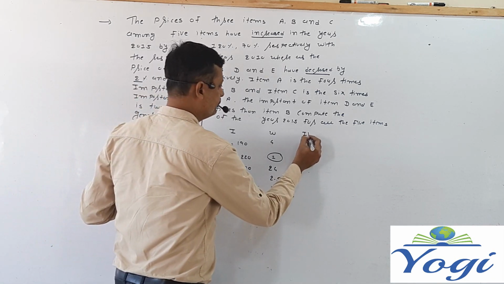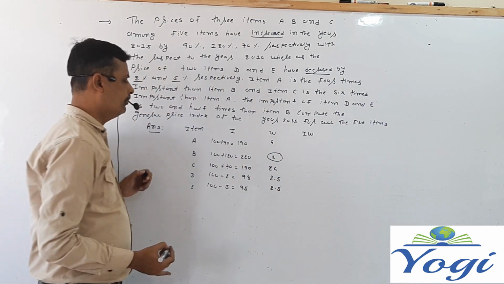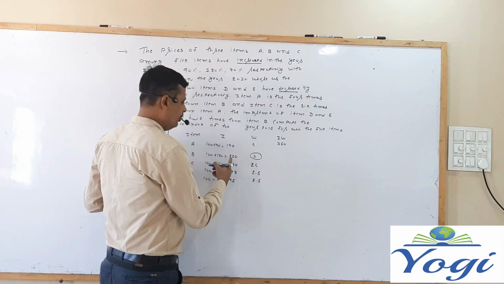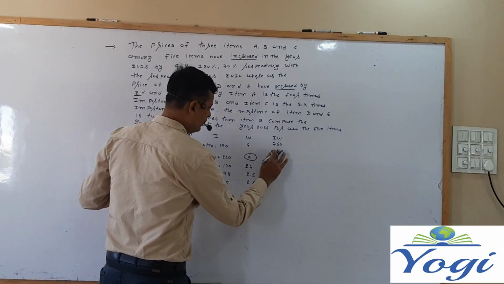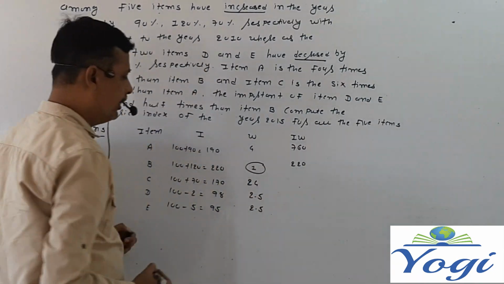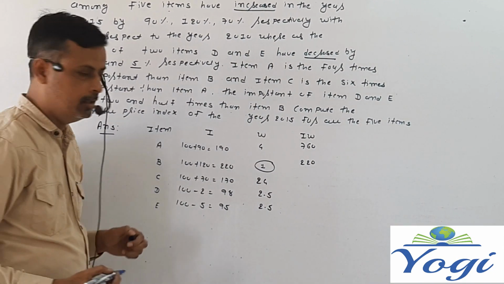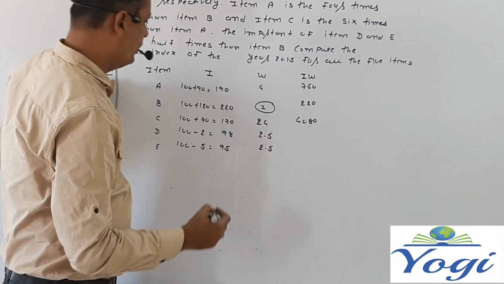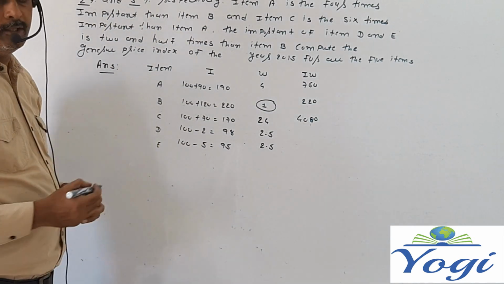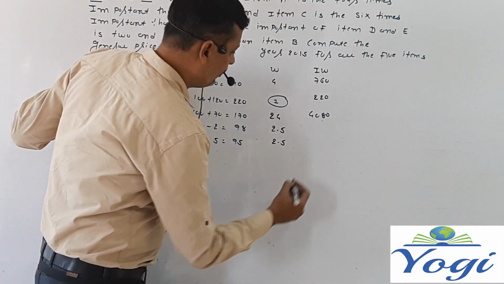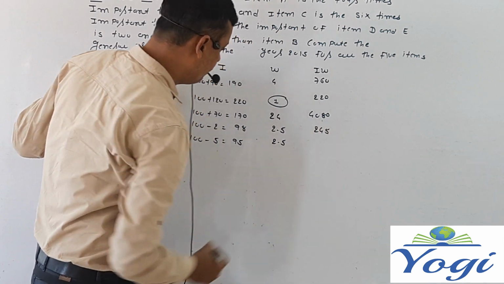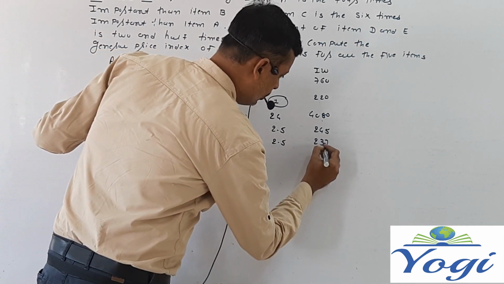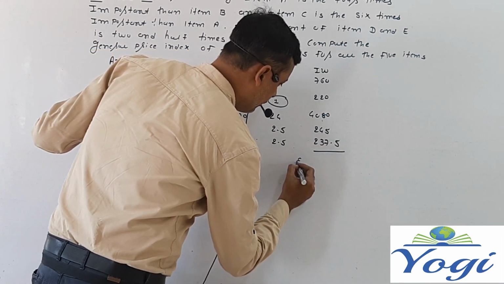Now IW: 190 into 4 becomes 760. 220 into 1 becomes 220. Item C, 170 into 24 becomes 4080. 98 multiplied by 2.5 means 245. 95 into 2.5 is 237.5.